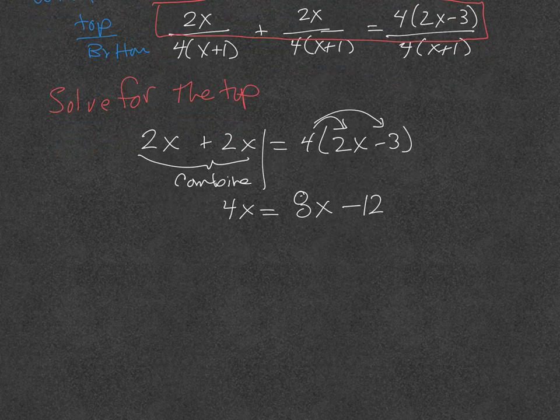Let's finish this one. I'll go through and subtract 8x from both sides. And I'm left with negative 4x is equal to negative 12, or x is equal to a positive 3.